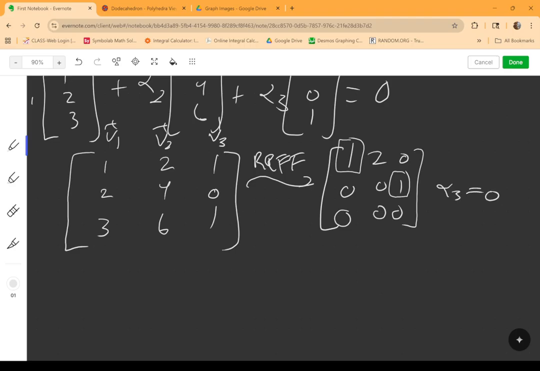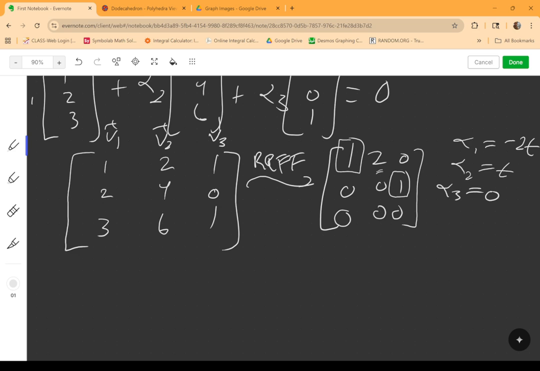Remember, we don't write the last column of zeros. Alpha 2 is my free variable since there's no pivot there, so I'll just call that t. And then alpha 1 is equal to negative 2t. That's how I would interpret that.